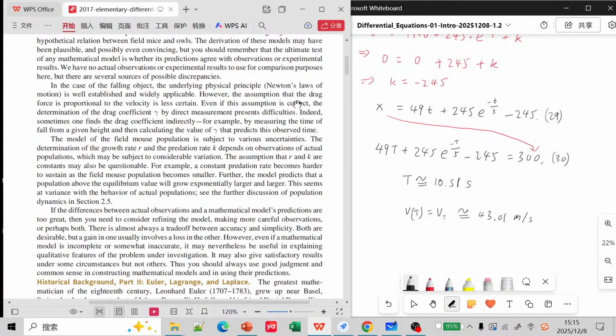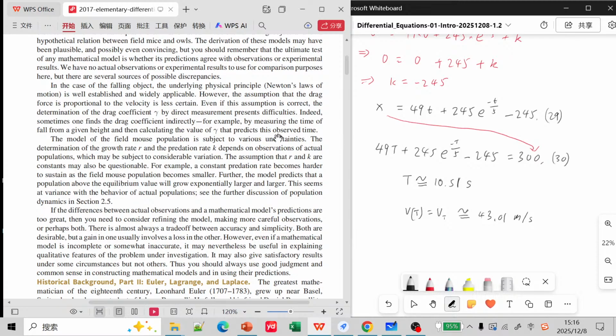However, the assumption that the drag force is proportional to the velocity is less certain. Even if this assumption is correct, the determination of the drag coefficient gamma by direct measurement presents difficulties. Indeed, sometimes one finds the drag coefficient indirectly.